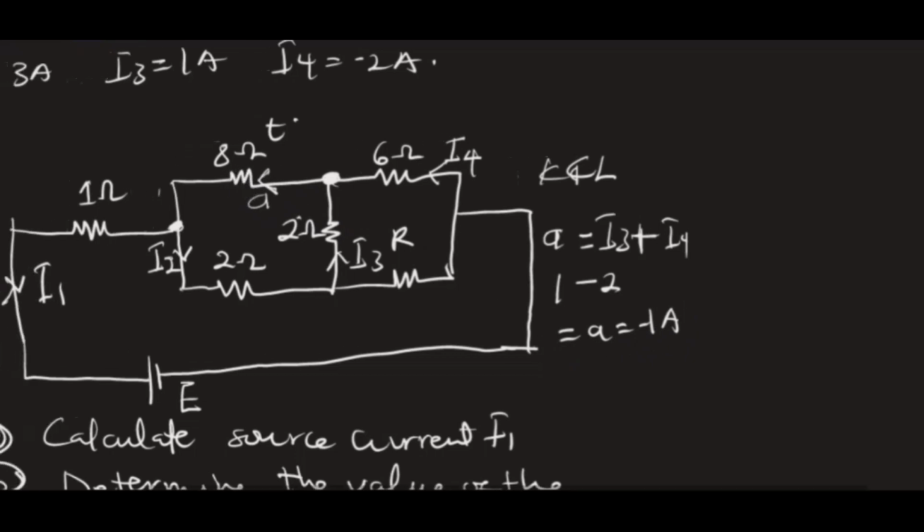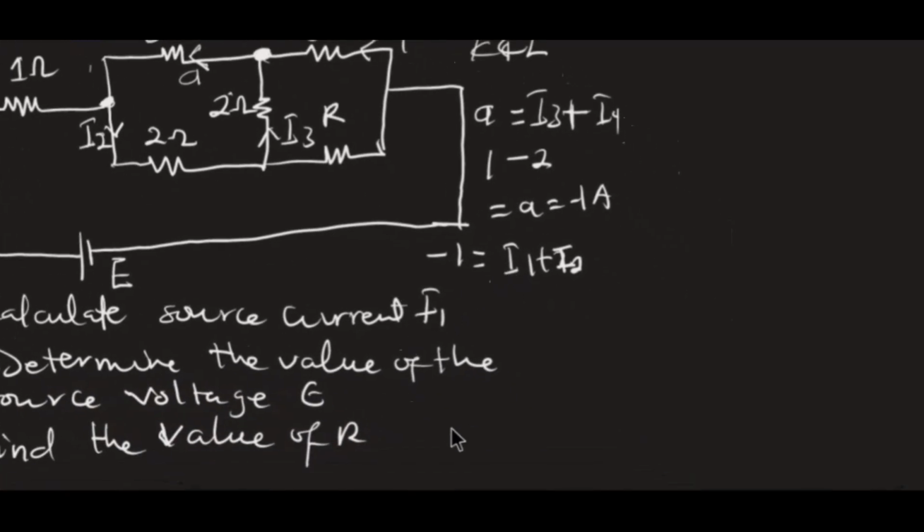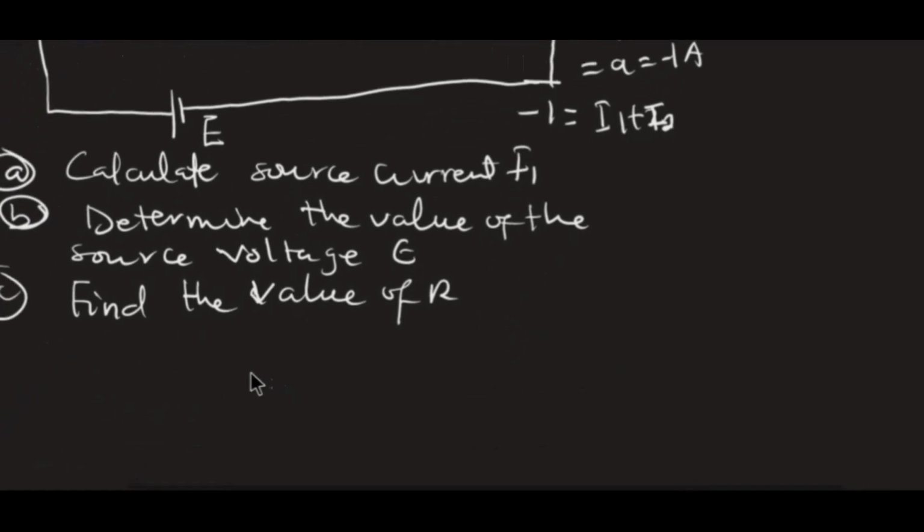For that reason, negative 1 will be equal to, it was split into this and this. So negative 1 equals I1 plus I2. You've been given I2 to be equal to 3 amperes from the question. Hence, we can easily find the value of I1.